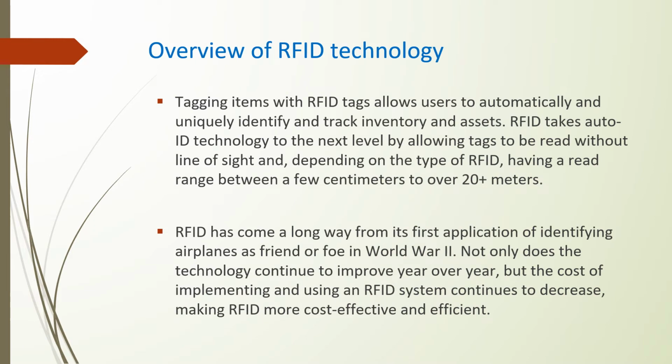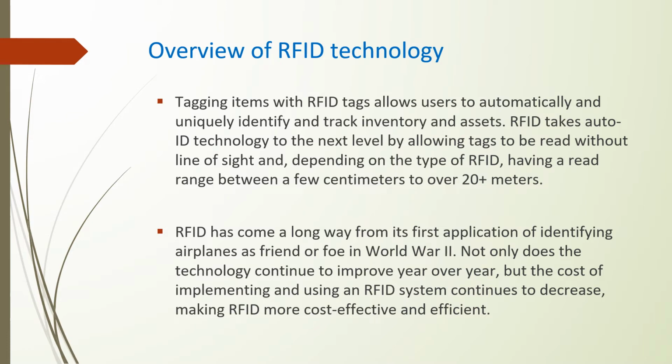Overview of RFID technology. Tagging items with RFID tags allows users to automatically and uniquely identify and track inventory and assets. RFID takes Auto ID technology to the next level by allowing tags to be read without line of sight and, depending on the type of RFID, having a read range between a few centimeters to over 20 plus meters.